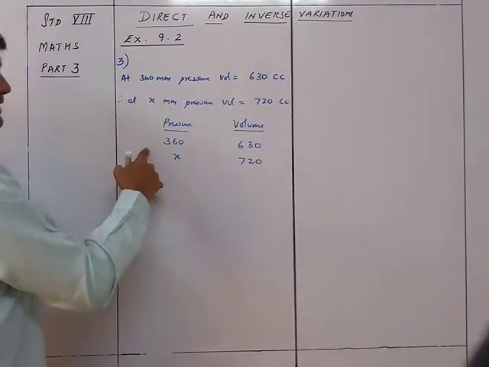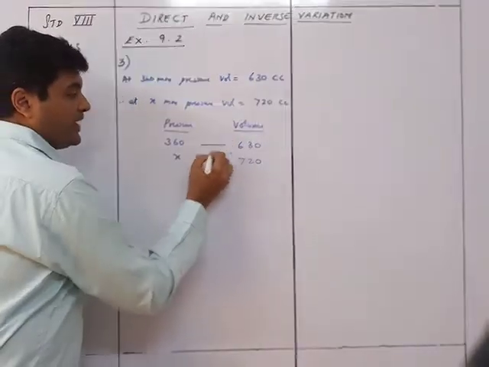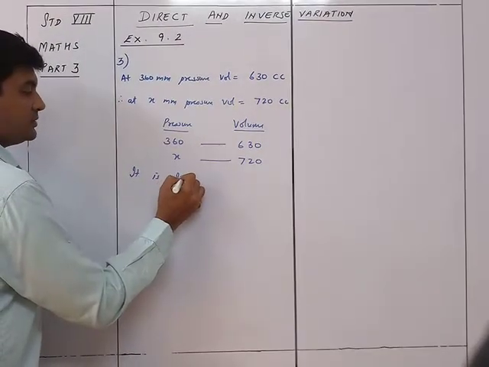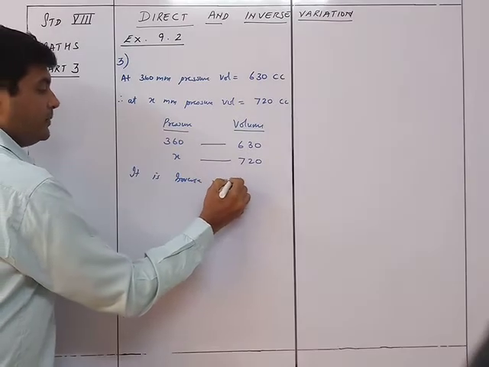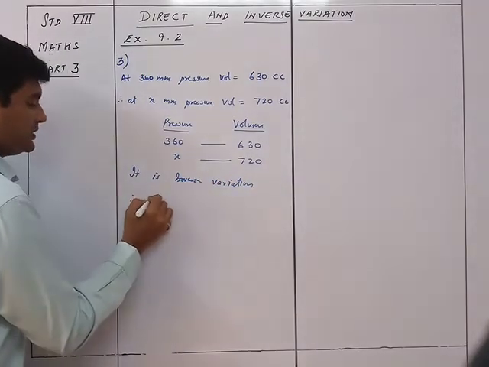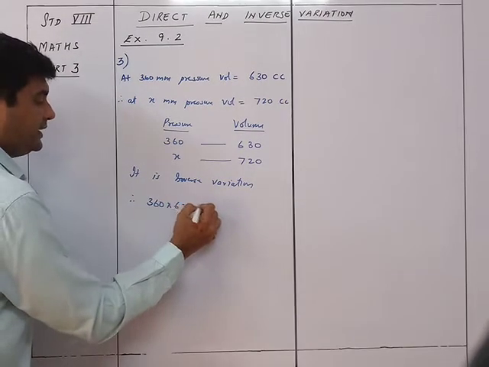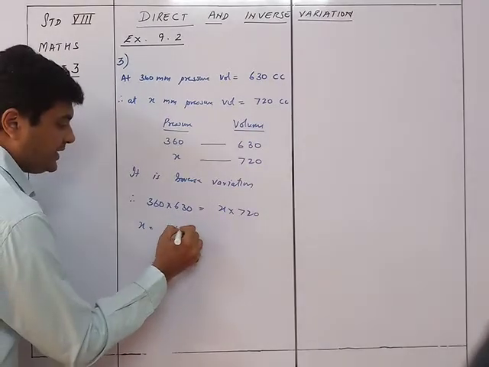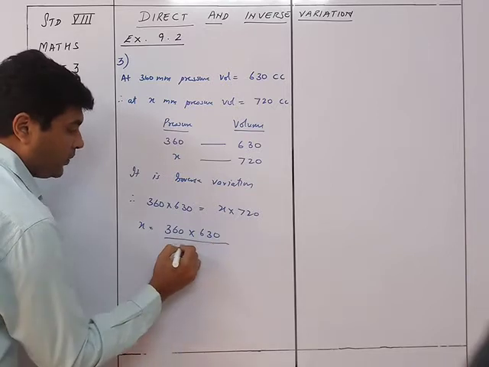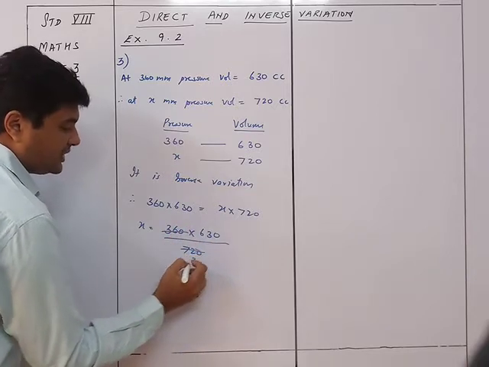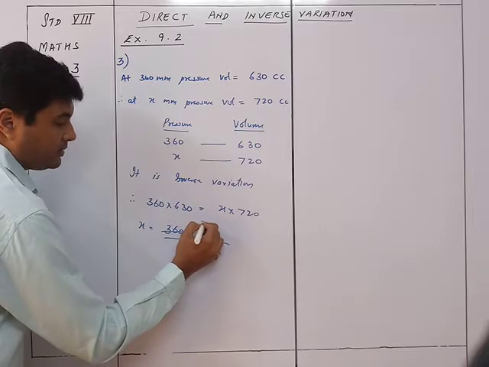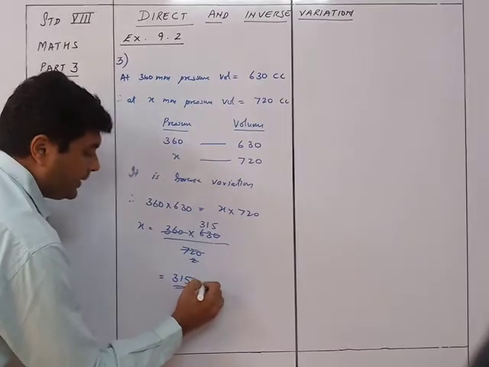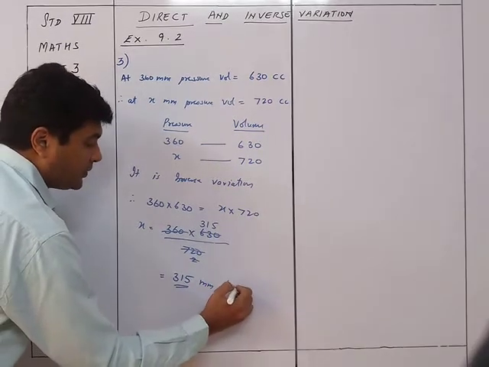Now you can see that it is given that it is inverse variation, so you are going to multiply straight. Therefore 360 into 630 is equal to x into 720. So x is equal to 360 into 630 upon 720. This is 2 and this will be 315, equal to 315 mm of mercury.